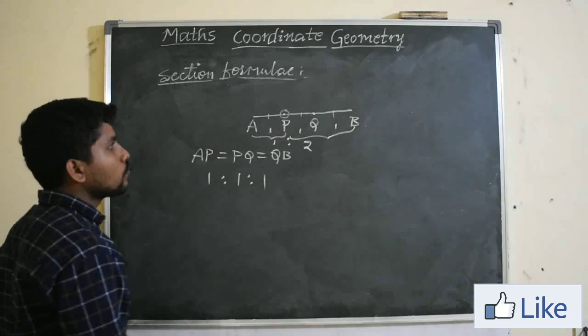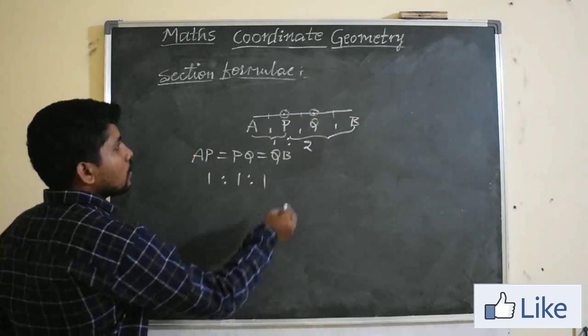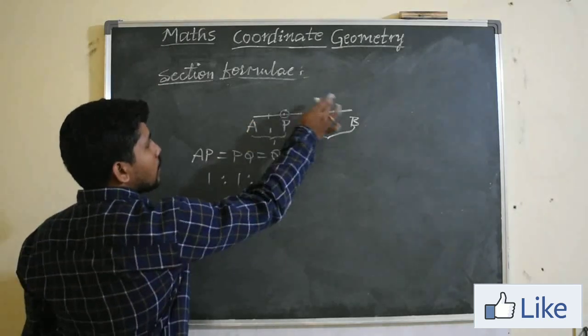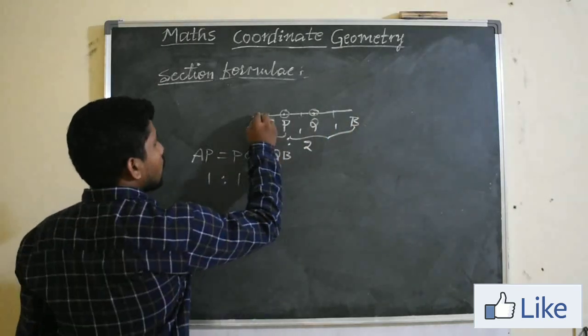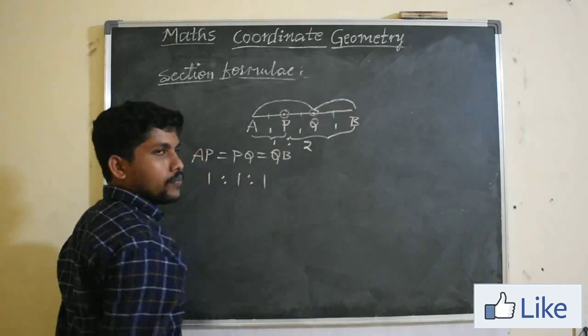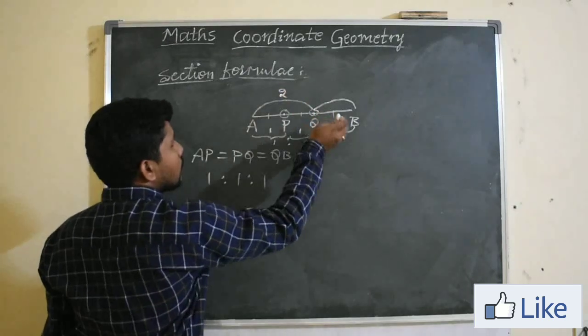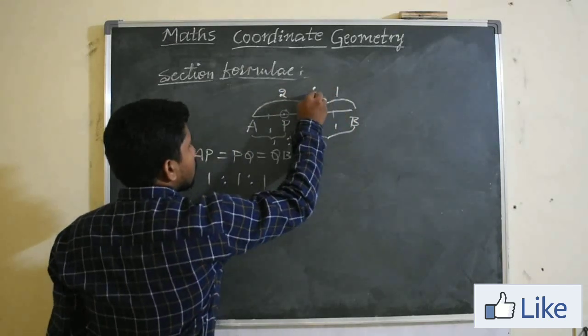Now if you want to find the coordinates of point Q, this point Q is dividing a line segment joining AB in the ratio AQ is to QB. Now AQ is 2 units here, QB is 1 unit.